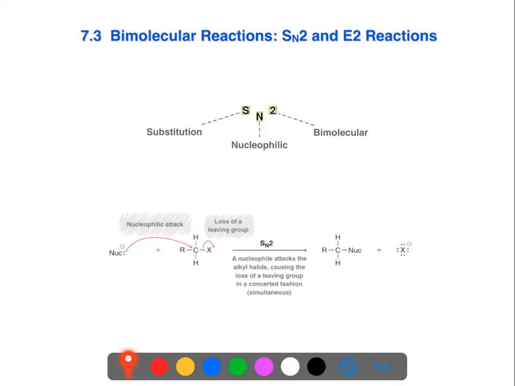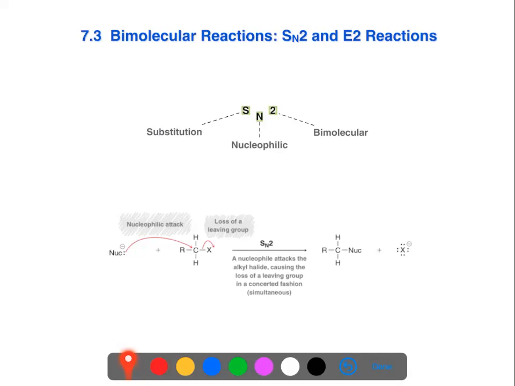As shown here, the SN2 is an abbreviation, which describes a particular mechanism for alkyl halides. S involves substitution, the N stands for nucleophilic, and the number 2 refers to a bimolecular process.